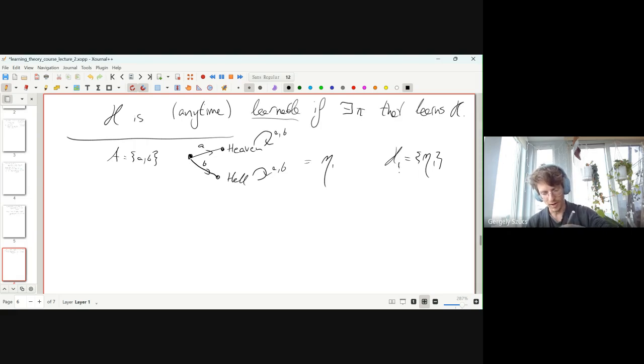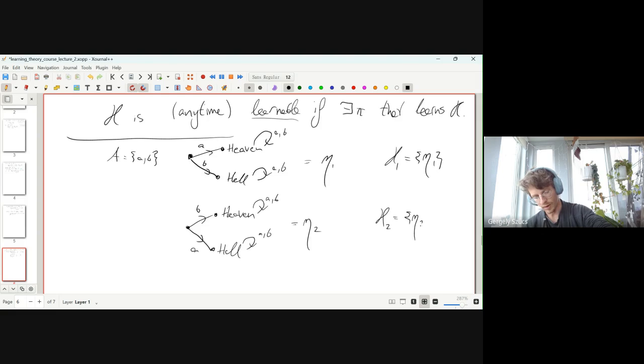Let's say this is one hypothesis class, and then take another hypothesis class, which is the same setting except A and B are switched. Now B takes you to heaven, and A takes you to hell, and again you're stuck there afterwards. Let's say this is eta 2. If we take H2 to be just eta 2 by itself, that's also learnable.